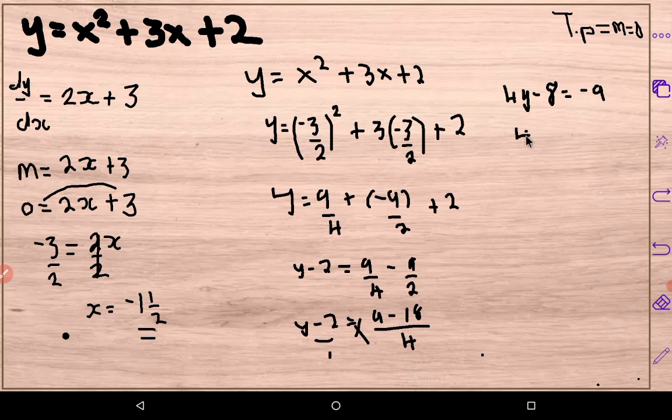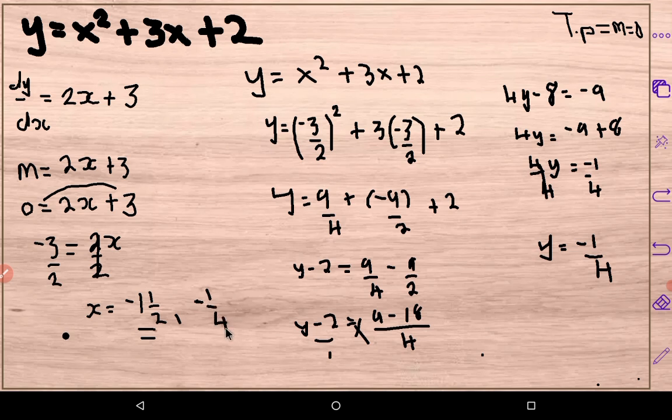Then 4y is equal to negative 9. Take the 8 this side, plus 8. Then that will be 4y is equal to negative 1, over 4 over 4. So this gives us y is equal to negative 1 over 4.